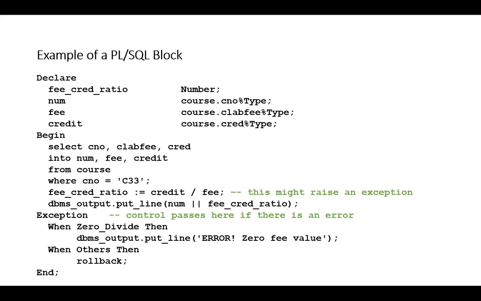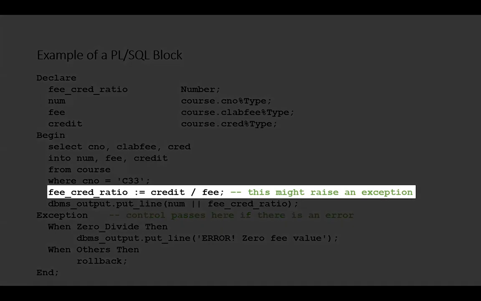We have a few variables declared, then we're attempting to select a row from the course table for course number C33. Remember that CNO is the primary key, so this is a singleton select, and we should get one row. We then take the credit that we returned from the database and the fee that we returned and do a division operation.